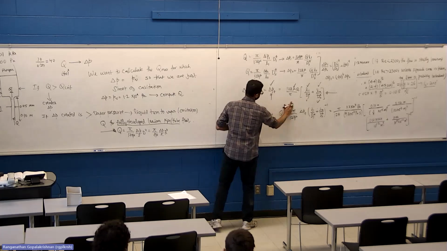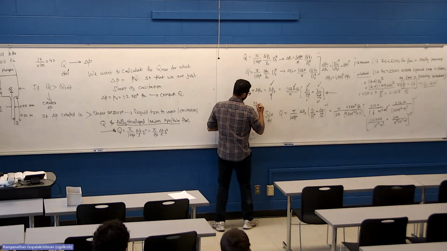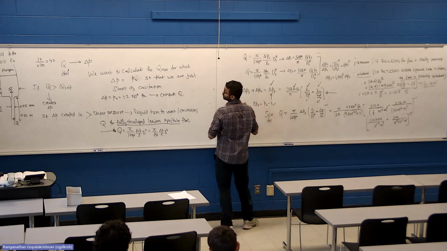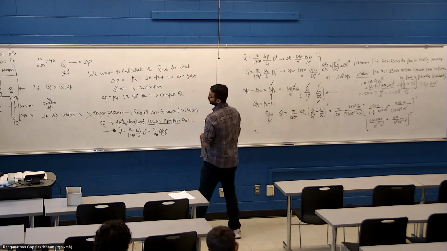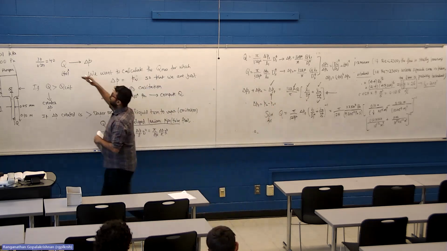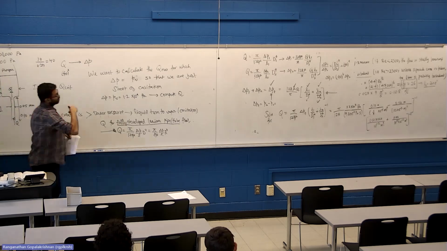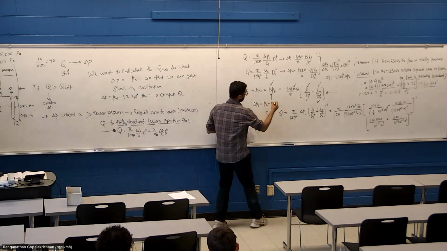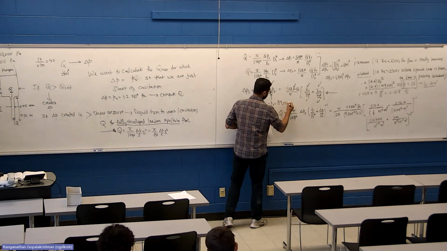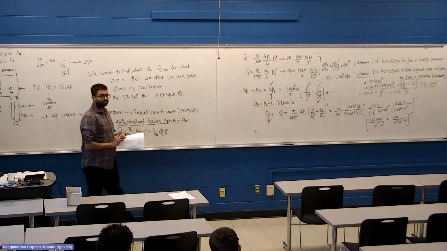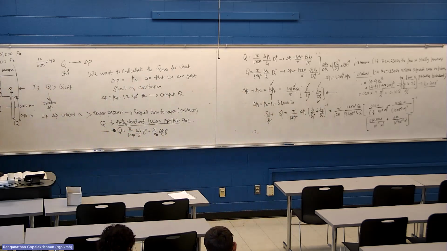Delta P total should be PA minus PV, which is 101,000 Pascal minus 12,000, which is 89,000 Pascal. I totally missed that. But if we were given gauge pressure, we wouldn't have to do that.